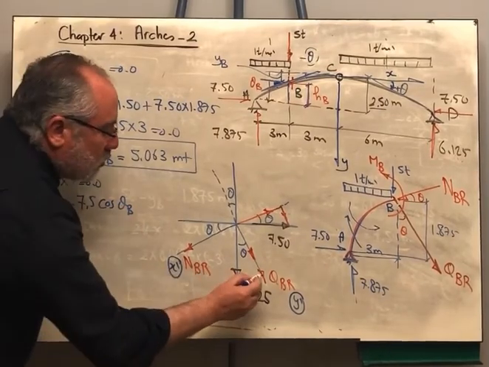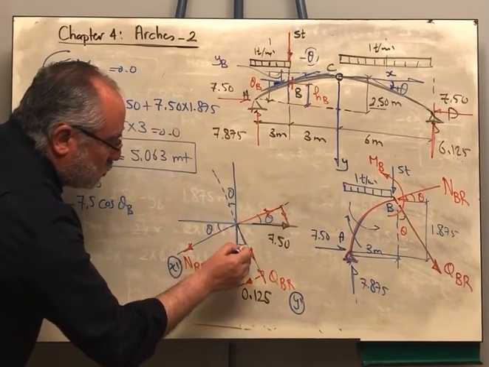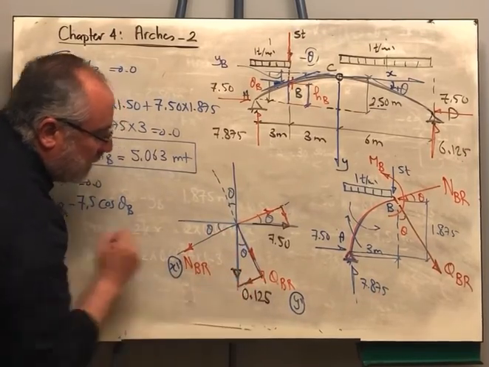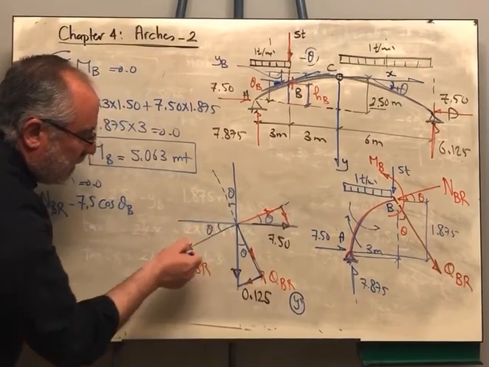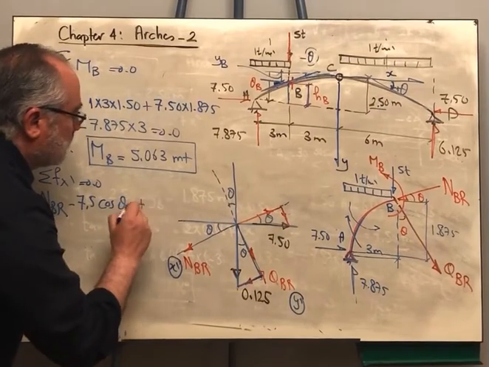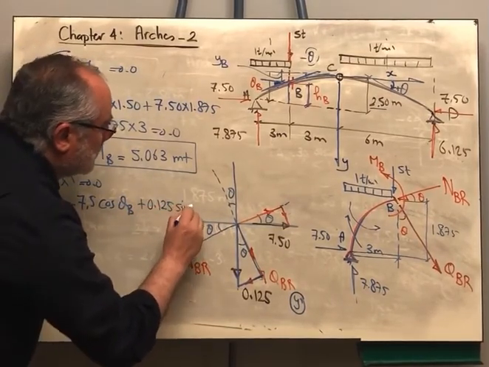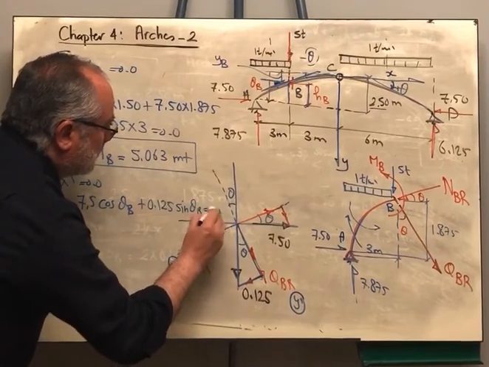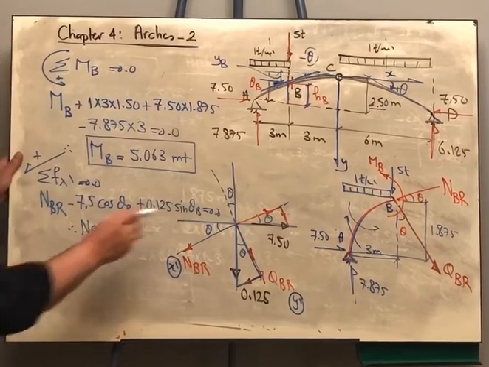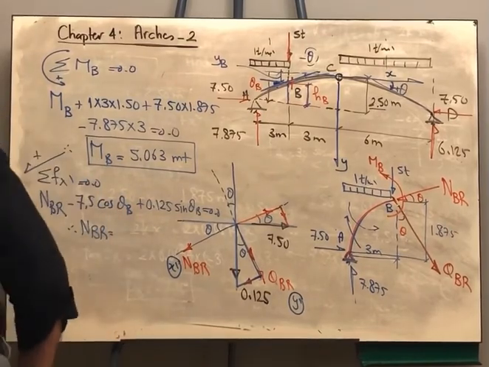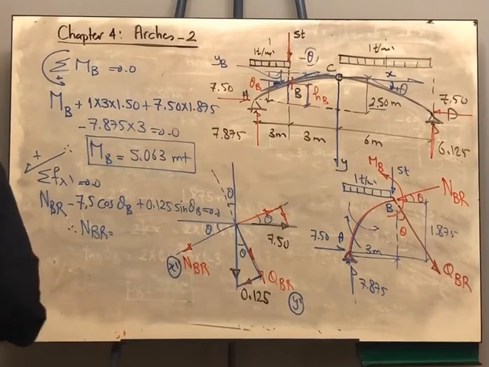And we are having this component, the vertical force is like this, so it is resolved to a component in this direction and in this direction. This component is parallel or in the same direction of the positive normal force. So this is plus 0.125 sine theta b. From there we get NB, and if you calculated that, you will find that it is negative 6.9.